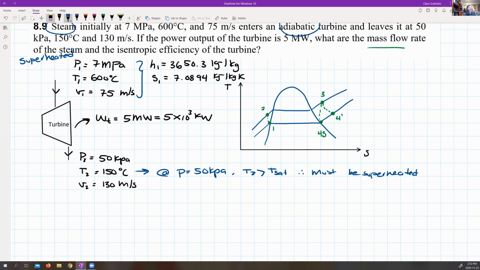Because sometimes at the outlet of a turbine, you would expect a mixture, but in this case, it was still superheated. So we're going to see that H2 from the superheated table was 2780.1.